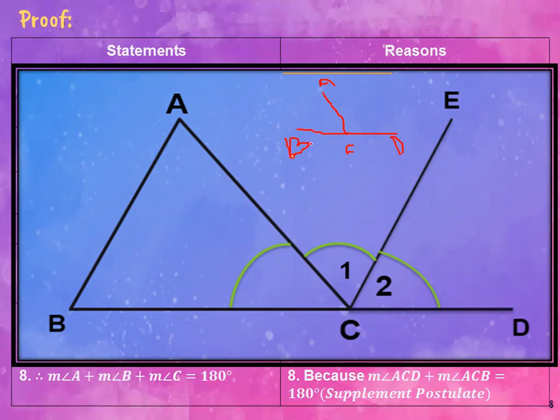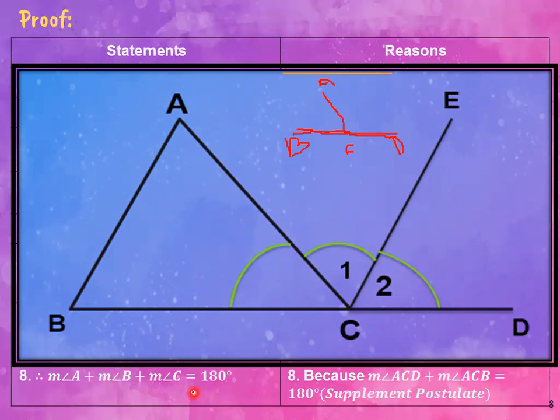As you can see here, together they are forming a supplementary angle because they have one straight angle. So you will say that because of the supplement postulate, measurement of angle ACD plus measurement of angle ACB will be equal to 180 degrees.